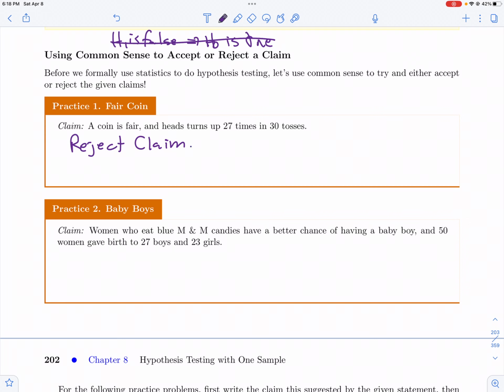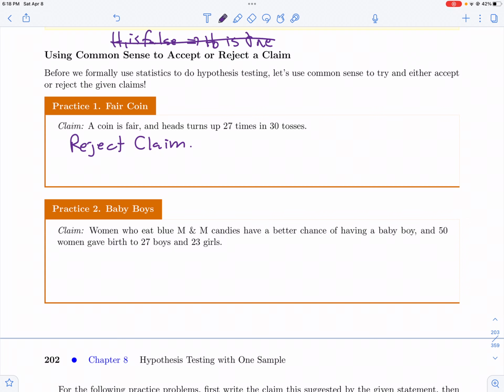Because in reality, we should expect this number to be about 15, 13, 14, 16, somewhere around there. Any of those numbers would have been something that we could have accepted the claim on. But having 27 out of 30, that's around 90%. That's going to be pretty unlikely if our coin is fair, like we're given in this case.